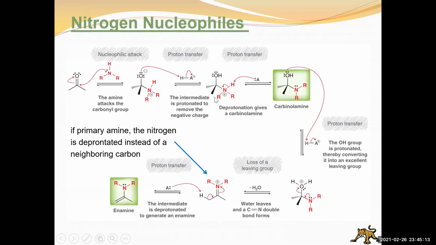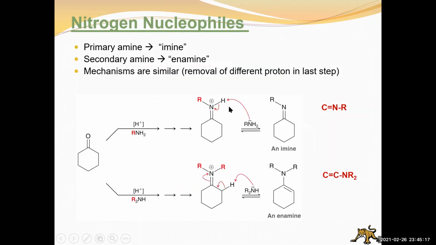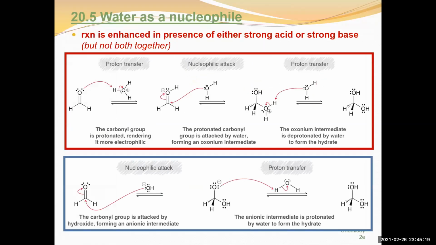And in this case, we're going to do another proton transfer. So it starts out, right, like this. But because of the nature of the nucleophile we were using, the one we started with, when it's a nitrogen, it didn't have a negative charge on there already.